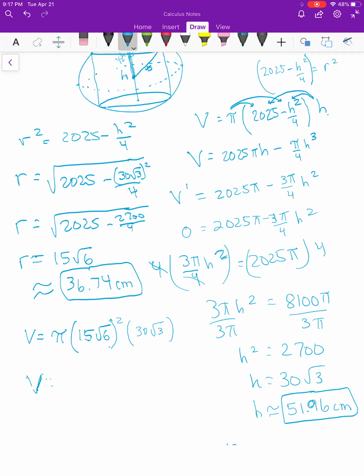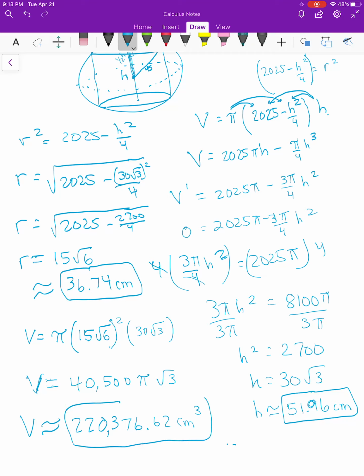So guys, I would go ahead and use your exact values. Okay, so we got r to be 15 times the square root of 6. So this is going to be pi r squared times the height, which was 30 root 3. And when you put that into your calculator, hopefully, I don't know if everyone's does, it gives you the exact answer of 40,500 pi times the square root of 3.